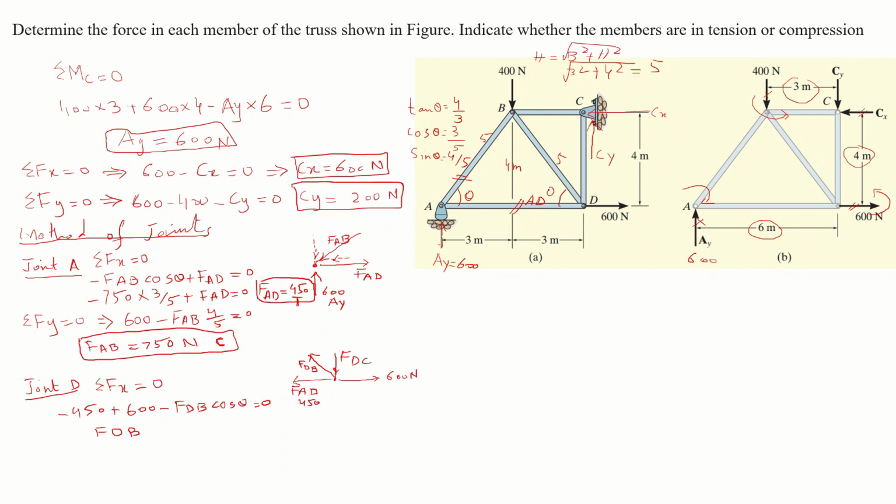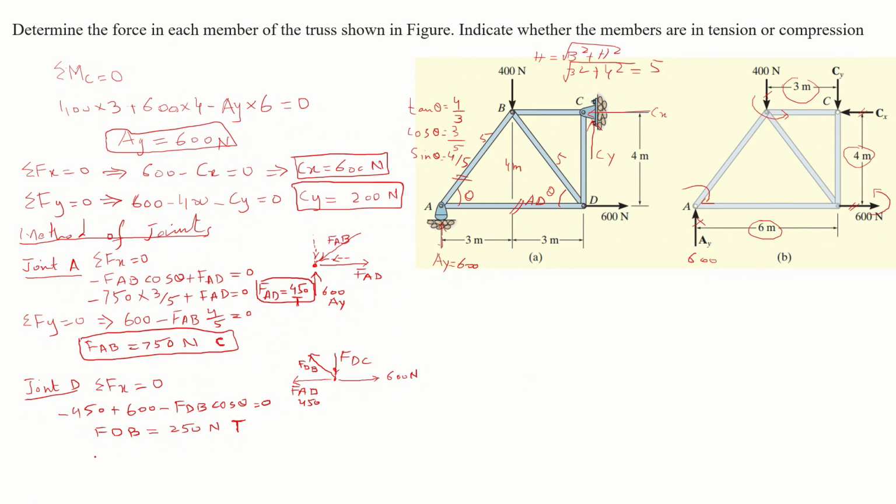This is also equal to theta, and cos theta we know that it is equal to 3 by 5. So from here we can now find F_DB, which is equal to 250 Newton. So it is acting away from this joint D, so it will be a tensile force.